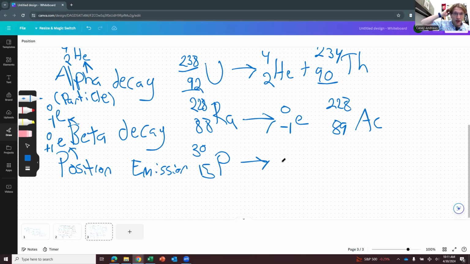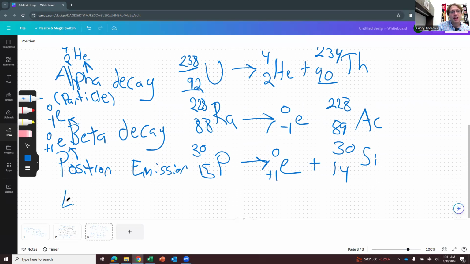If I'm doing a positron emission, one of my products is e 0, plus 1. Now to find my other product. Well, 0 plus 30 is 30, so I need 30 as my mass number. My atomic number has to equal 15. I already have 1 over here, so that'll be 14. Looking up element 14 on the periodic table, that is silicon. So that's silicon-30.